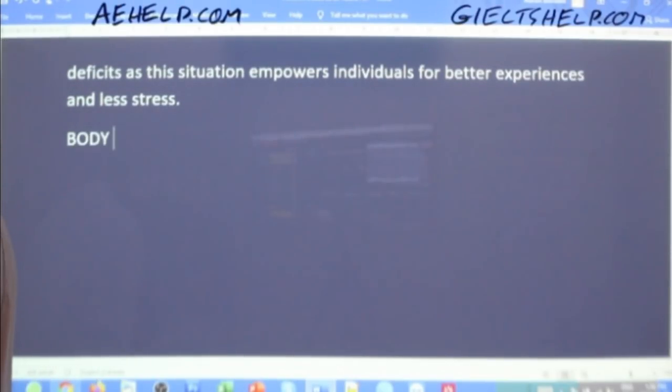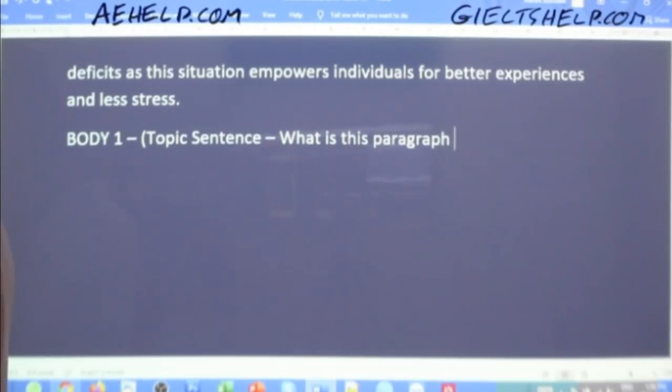So body 1, start is the topic sentence, and just like for those list of headings questions in reading, of course, it makes sense. The topic sentence for body paragraphs is, what is this paragraph about? That means a deeper definition of thesis point 1.